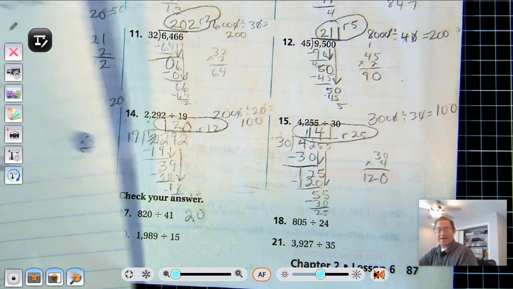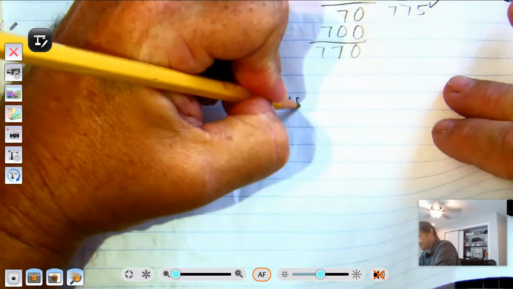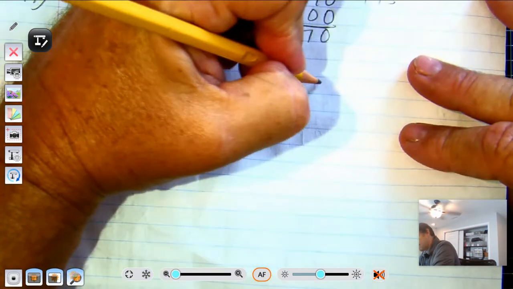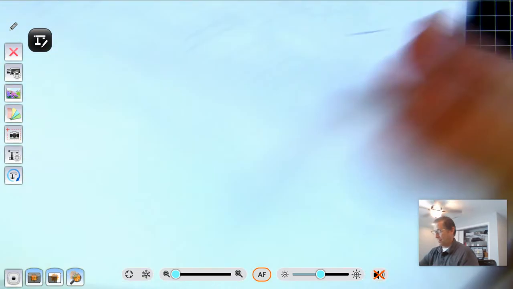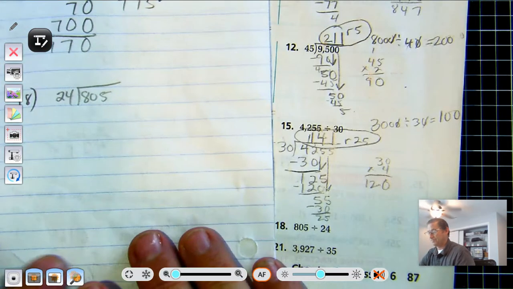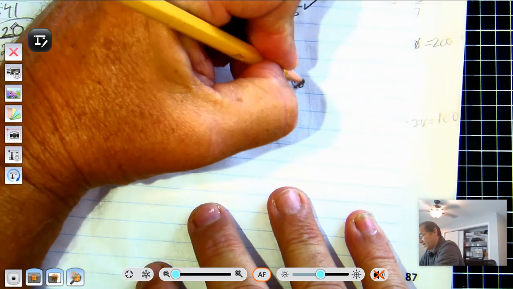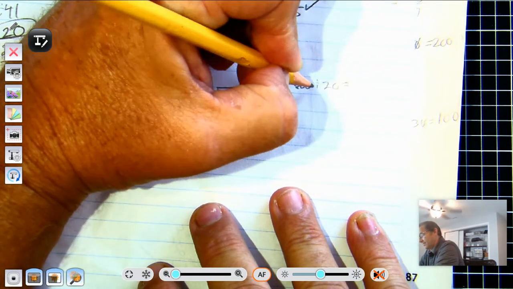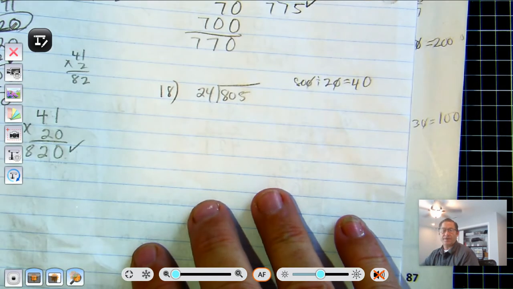Number 18. 805 divided by 24. So my estimate is going to be 800 divided by 20. So I should get an answer close to 40.